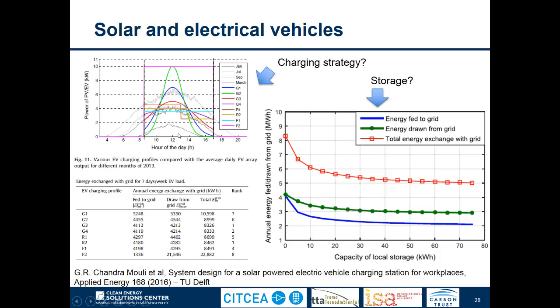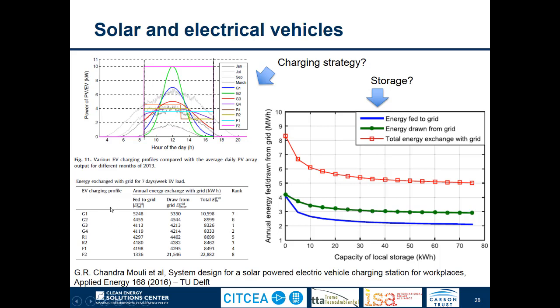But also we see that we can take different strategies for the charging of the electrical vehicles. So each of these colored lines is showing a different strategy. Basically, the study is addressing and comparing the different charging strategies in order to find out which is the best strategy which can be used in order to have a proper integration of the solar PV and the electrical vehicle charging.